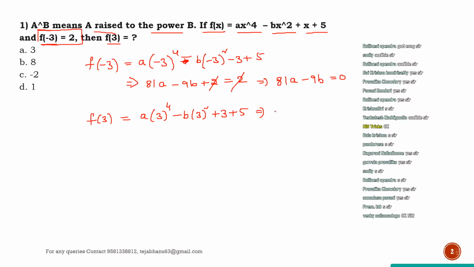Now this can be written as 81a minus 9b plus 8. See, from the equation above, 81a minus 9b is equal to 0. Substitute 0 here, the answer will be 8. So option B, which is 8.